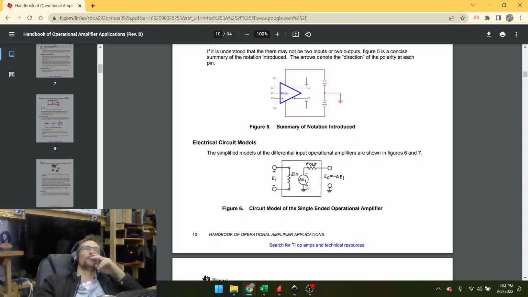And then your output voltage, where E_I is E_I, and then A is your gain. And then Z_out, that's your output impedance.